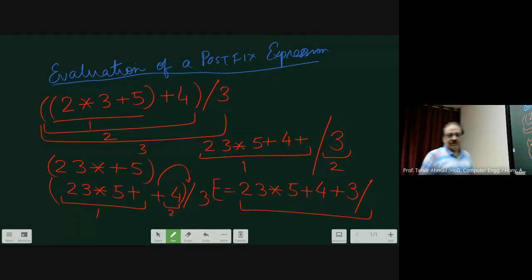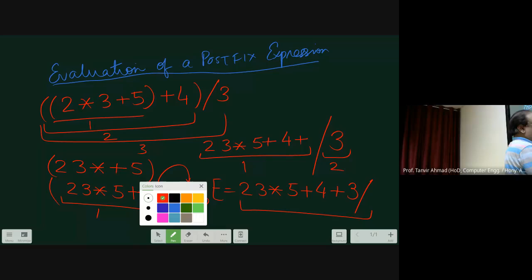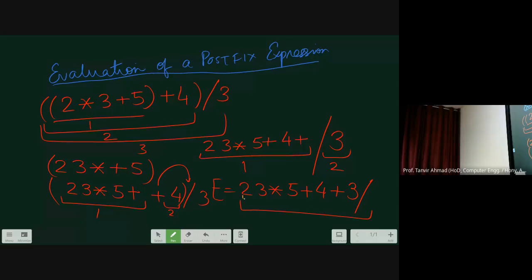Now this is the final expression, because you take the first expression 2, 3, multiply sign, plus 5, plus 4, plus. Then the second operand is 3. Now just to remind you that this is operand 1, this is operand 2, and this is the operator.